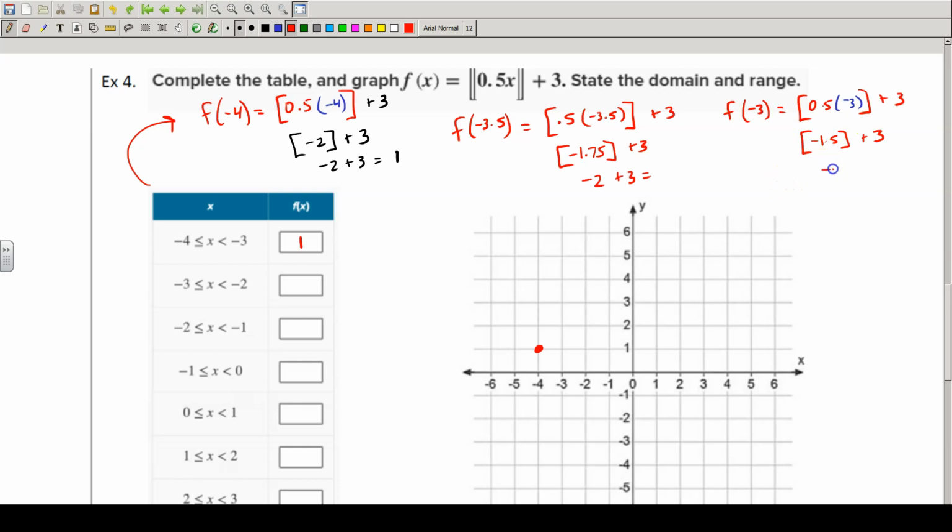So this again goes to -2 plus 3, which is 1. And so this also gives us 1. I think in class we made the assumption that it always jumps up, and it's a step function that goes up, but it does stay at 1. So basically I want to test all of the integer values that are going into this greatest integer function, because those are going to be the boundaries of all my little steps here.